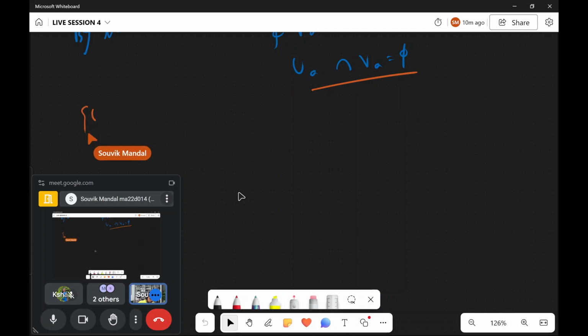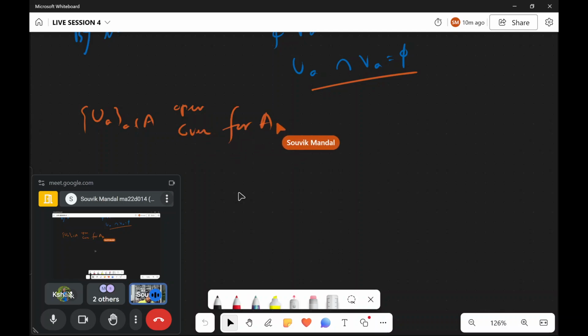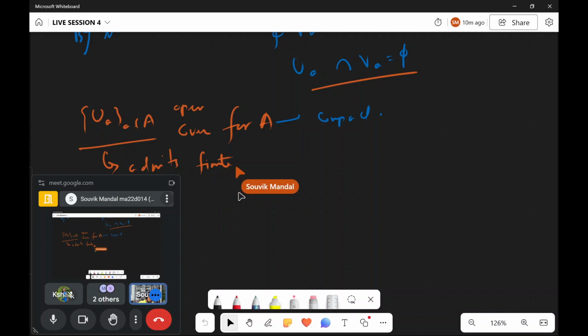Now we have {U_a}, which is an open cover for A, because for each a belonging to A you are getting such an open set. Now A is given to be compact. So this implies this open cover admits a finite subcover.